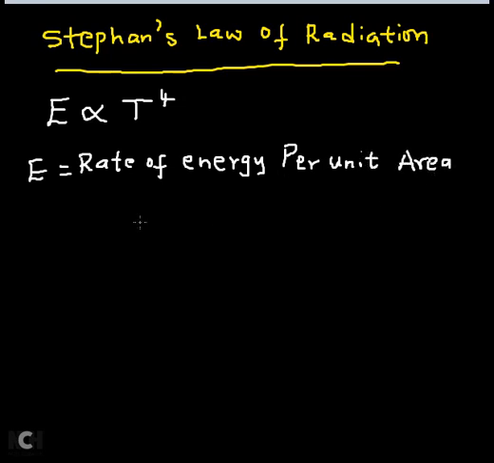Of course, you already know that rate of energy is power, because rate of energy is energy over time. So the SI unit is watt. Then area is meter square. So that means the symbol E has the unit watts per meter square.